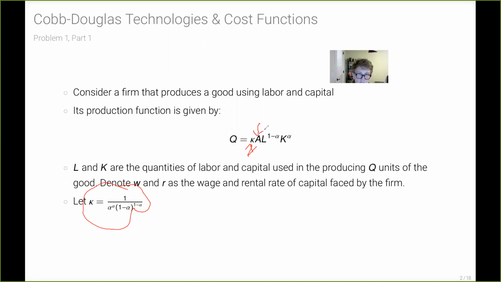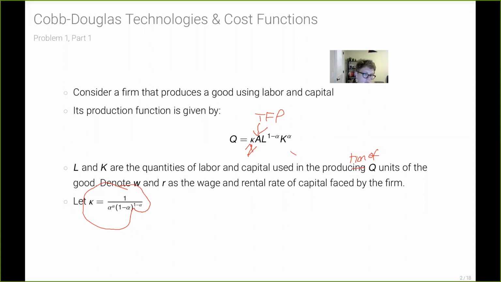Our production function has this term A here. This stands for TFP, or total factor productivity. And then we have labor raised to the 1 minus alpha and capital raised to the alpha. And so L and K are just the quantities of labor and capital used in the production of the good.